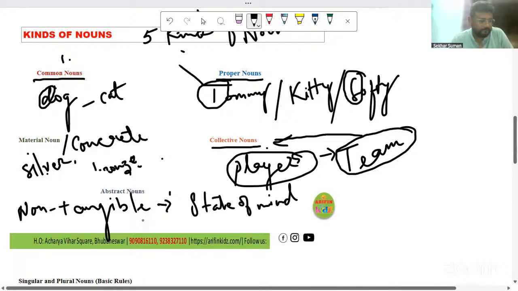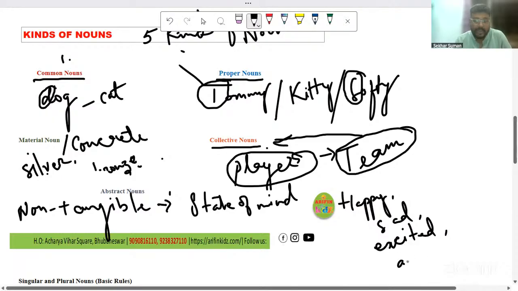Okay, right. So abstract nouns are basically the state of mind. Like if I am happy. The grammarians have named our feelings. Like I can say happy, sad, excited, or angry, right?